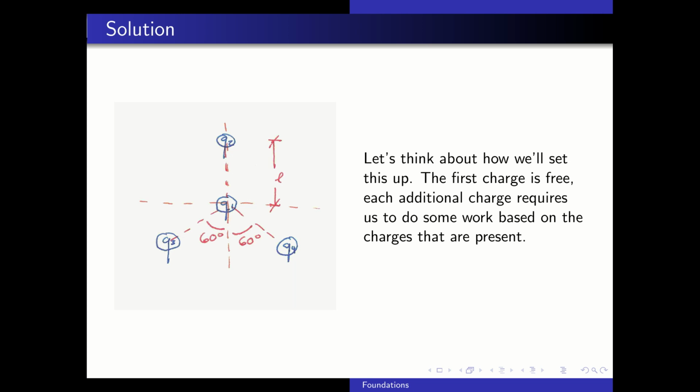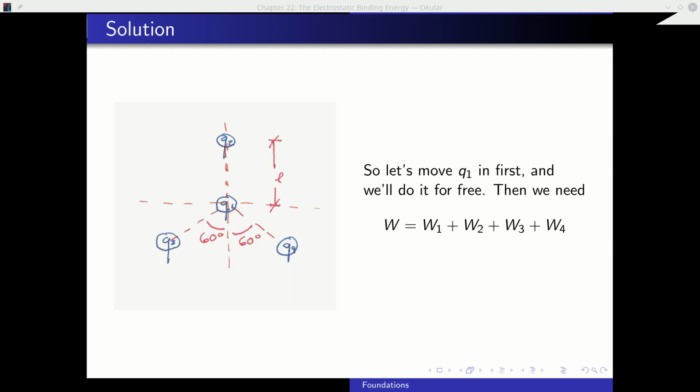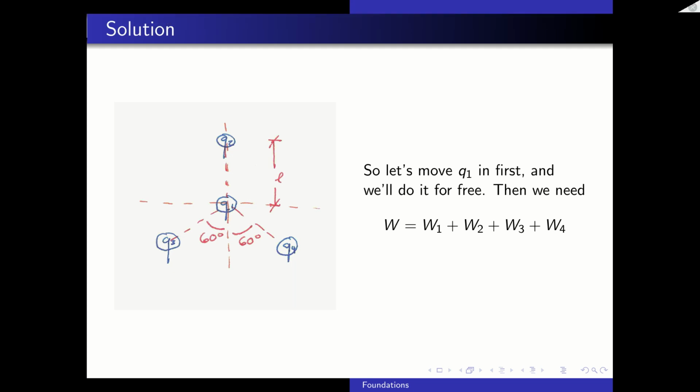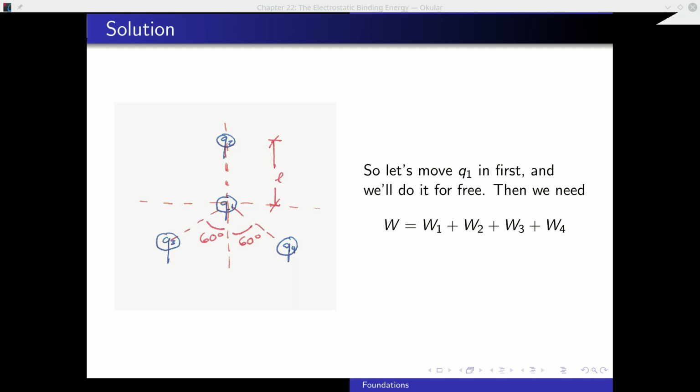The work done in each step may not be the same, but the total work done will always be the same. So let's just start by moving Q1 in first, and we get that one for free. And then we need to move each of the other ones in here. So we're going to have the total work done being equal to the work done to move charge 1 plus the work done to move charge 2 plus 3 plus 4.